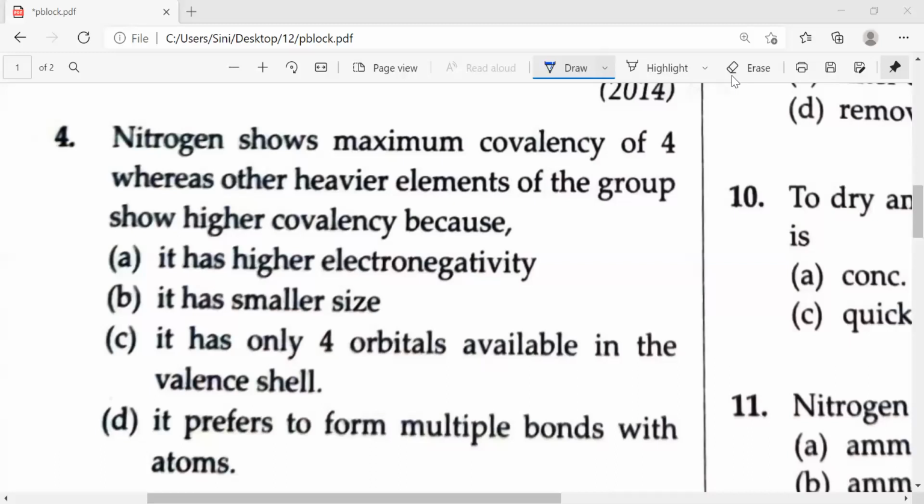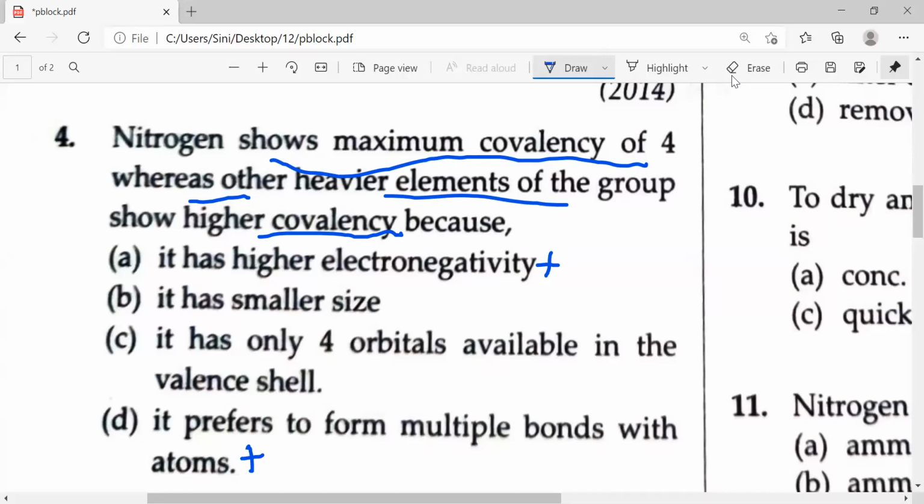Nitrogen shows maximum covalency of 4, whereas heavier elements of the group show higher covalency because of what? One option is high electronegativity, smaller size. This anyway cannot be, as it has smaller size. Last one is that it prefers to form multiple bonds with electrons. This also we cannot say.